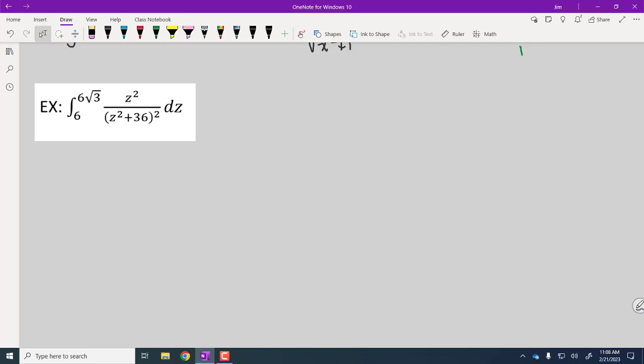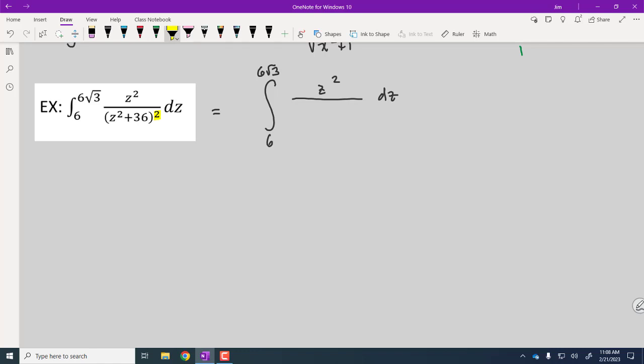So the first step is we really want it to be a sum of squares with a 1. And so that 36 is going to get factored to the front. Notice that that is in the denominator, so we want it to come out in the denominator. And notice that the power here has to come along with it.